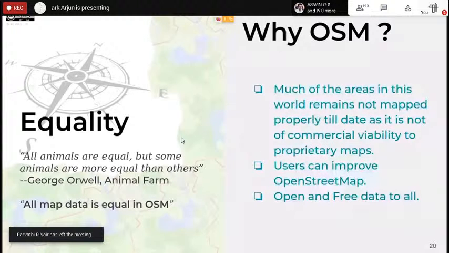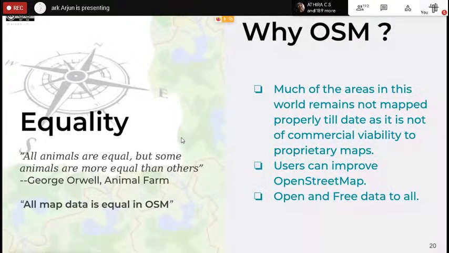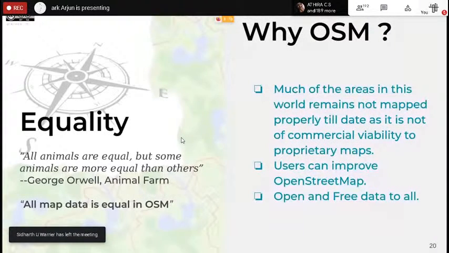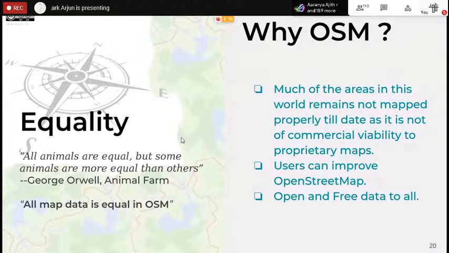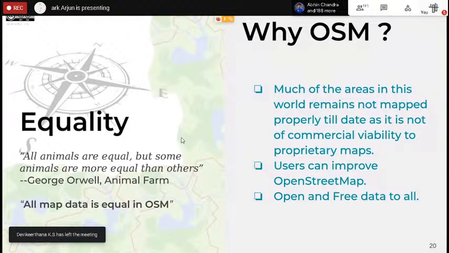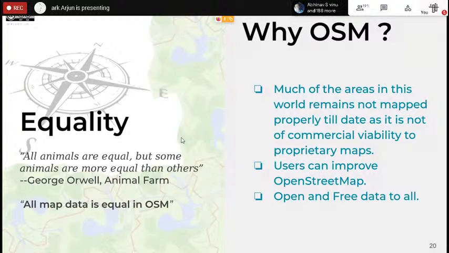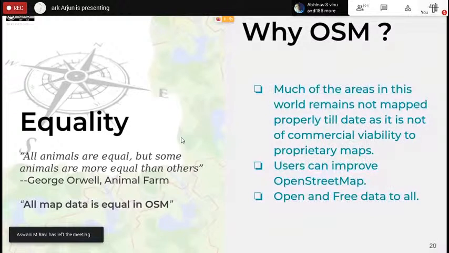Much of the areas in this world remain not mapped properly to date, as it is not commercially viable for the proprietary maps to spend time there. You saw in Cherry's presentation the small village in India where areas were not even mapped.